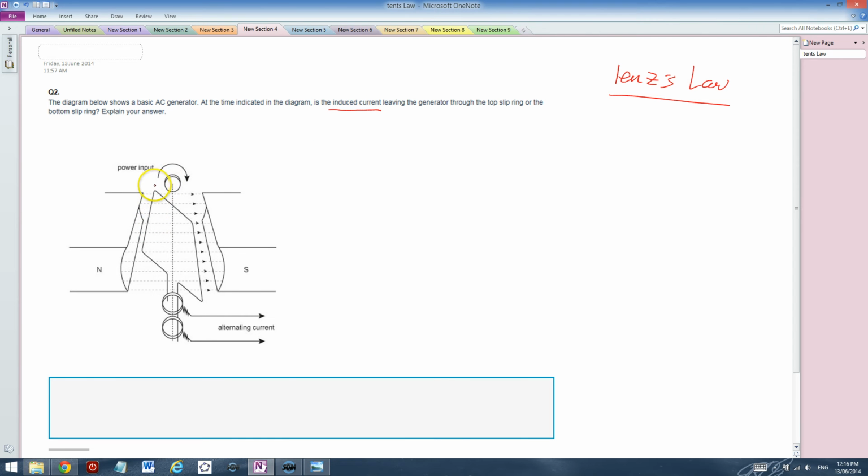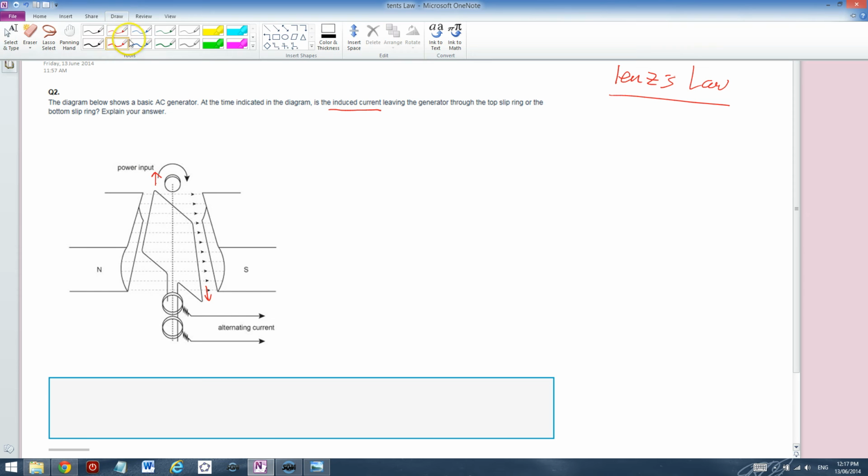As we rotate this coil at this position, there's a force acting upwards on the left hand side and a force acting downwards on the right hand side. So the coil is not happy. The coil will always try to resist the change, resist this force.